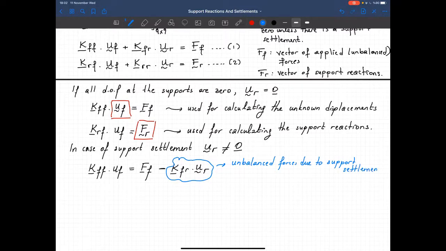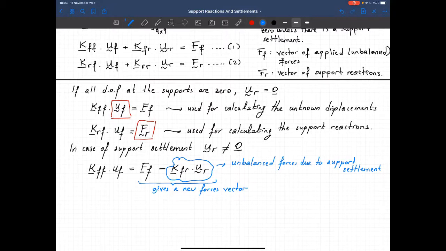So with this approach, when I multiply the support settlements with the KFR matrix, I directly obtain the equivalent forces for these support settlements. And this expression gives a new force vector considering the support settlement.